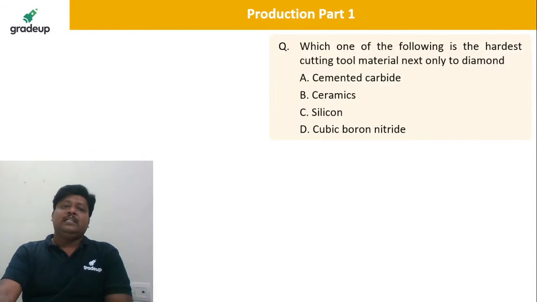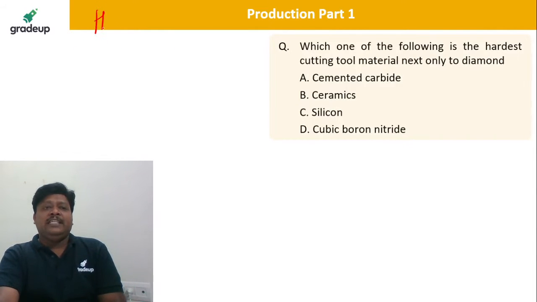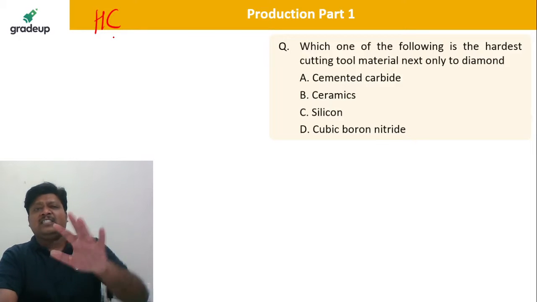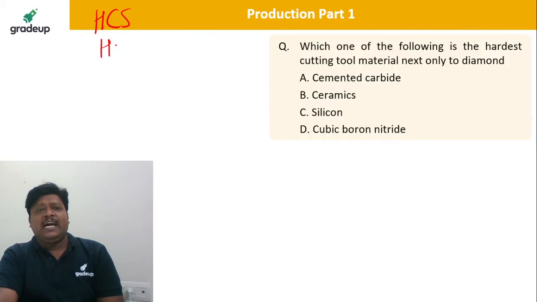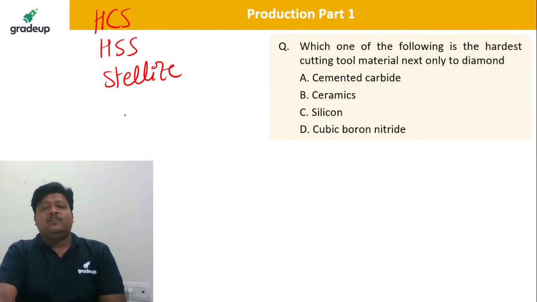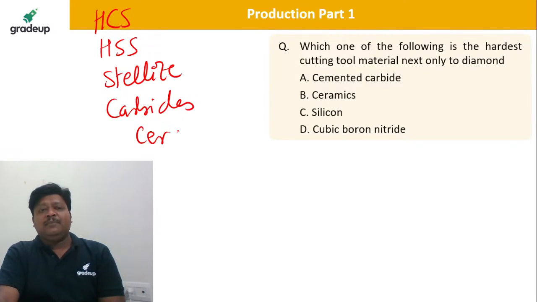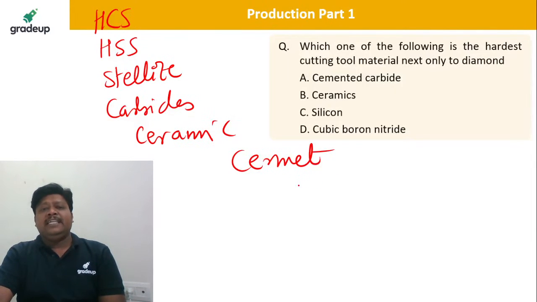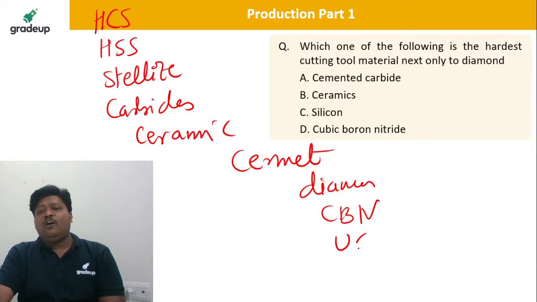Already I told you. I will write the increasing order of hardness, cutting speed, temperature, RC, all the things. High carbon steel, then the high speed steel, then the stellite. Then carbides, then ceramics, then cermet, then diamond, then CBN, then Yukon, and finally the Ceylon.